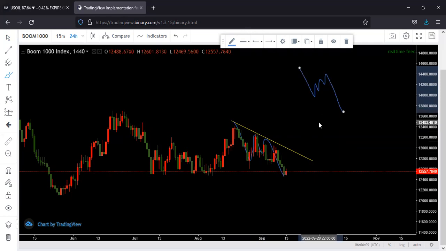What you have to understand, guys, is that this kind of pattern may not be clear like it looks in our demonstration, but you have to understand the mechanism behind these patterns.